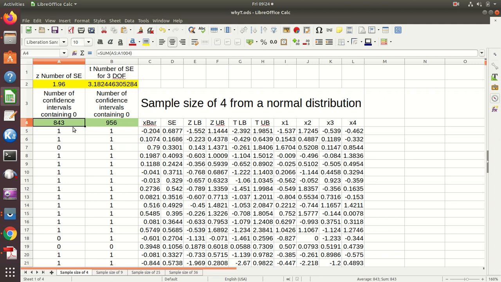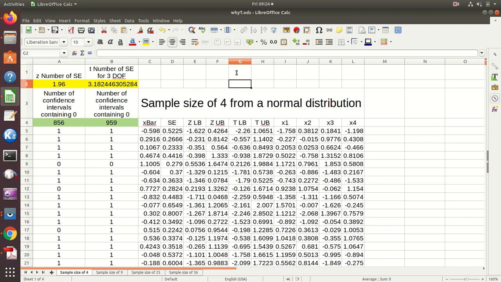That's a problem. It should be 950. Now again, we allow for some randomness here. I can update this. If I hit enter there, it updated, and I got different numbers, and now it's 856, but that is definitely nowhere near 950.